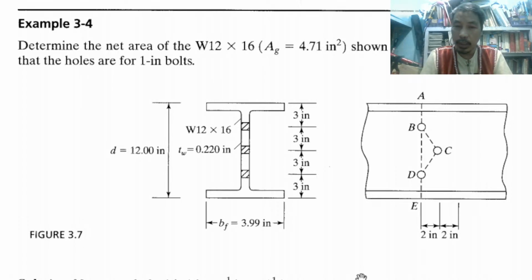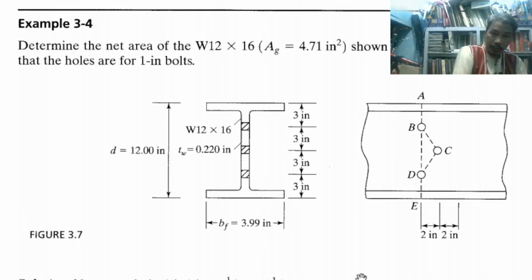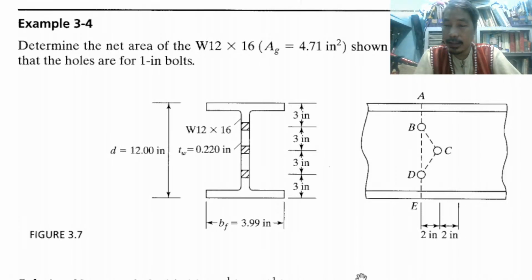Making a hole for a 1 inch diameter bolt, you need 1/8 inch clearance due to the practical necessity. We already explained why it is necessary. There's a specific reason we already mentioned.